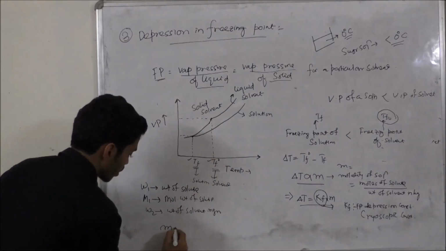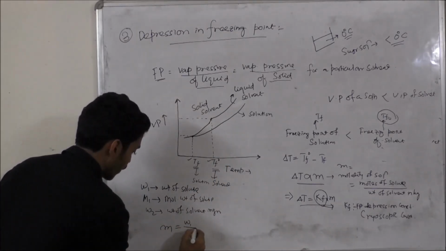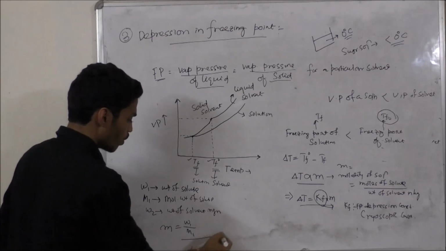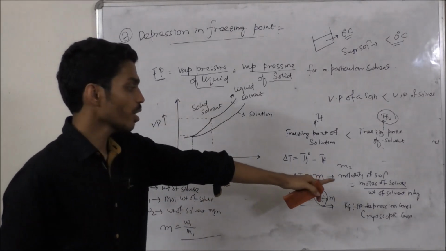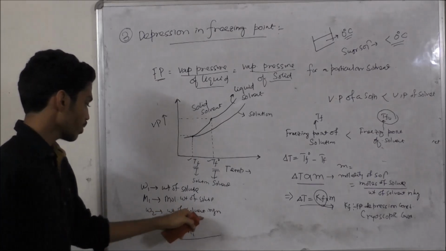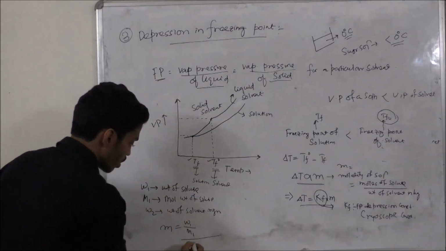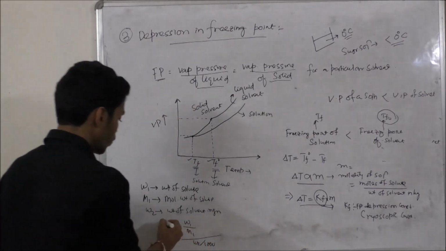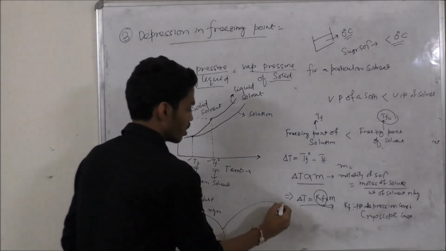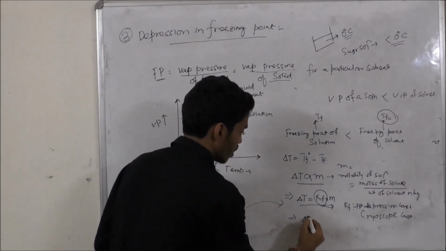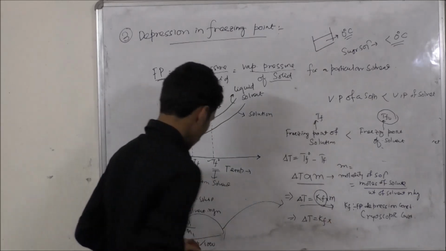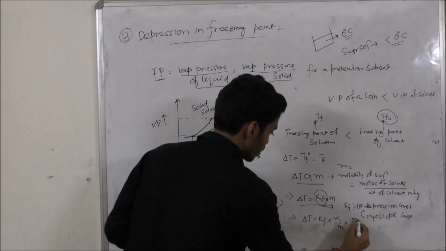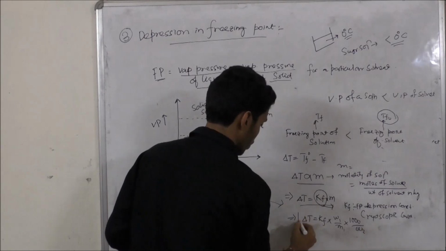So what is molality? Molality is W1 divided by M1, that is moles of solute, divided by the weight of solvent in kg, and here we have taken the weight of solvent in gram, so W2 divided by 1000 will be in kg. So if we put this here, delta T is equal to Kf into W1 divided by M1 into 1000 divided by W2.